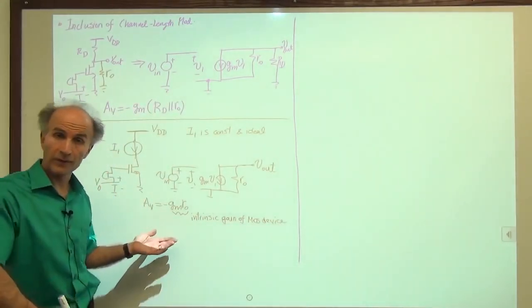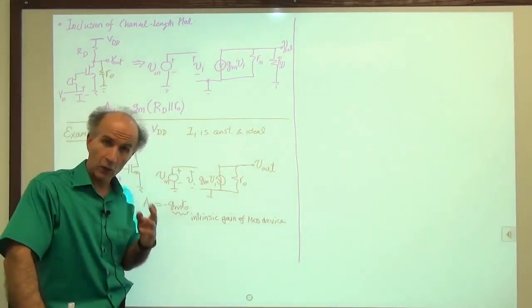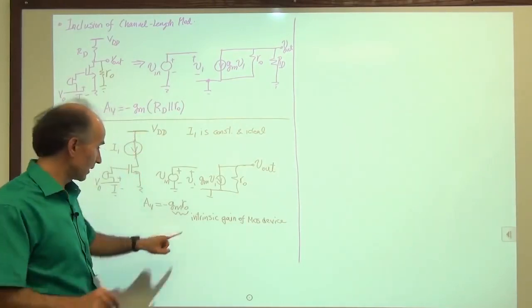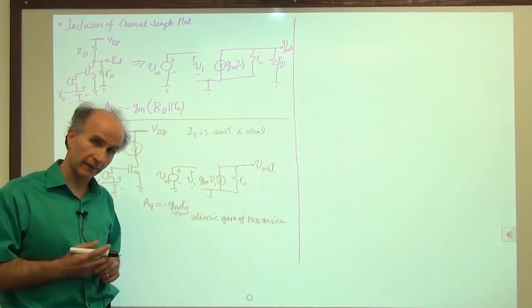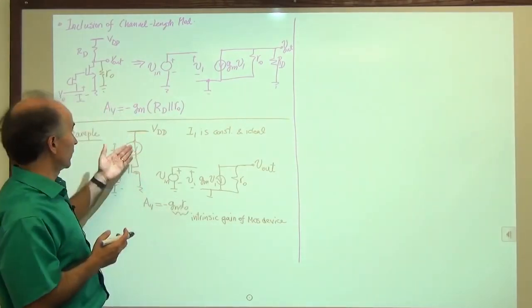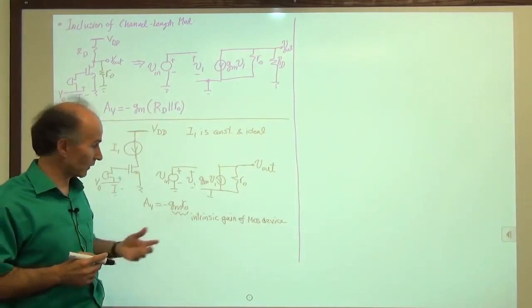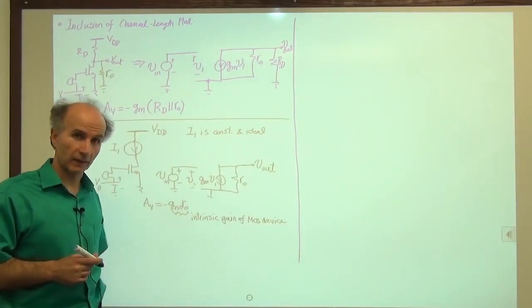And this shows that the maximum voltage gain we can get out of a single transistor is this much. We cannot do better than that because we let RD go to infinity. That's the best we can do. So that's why this has this significance.